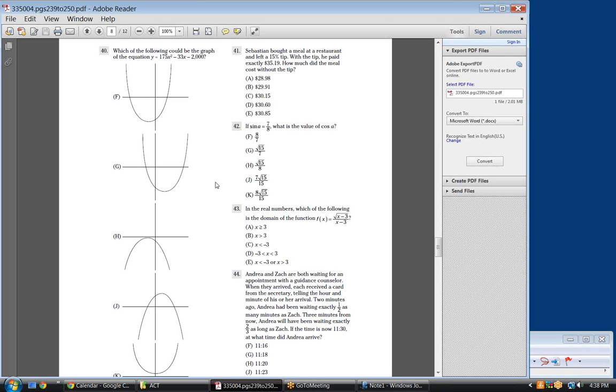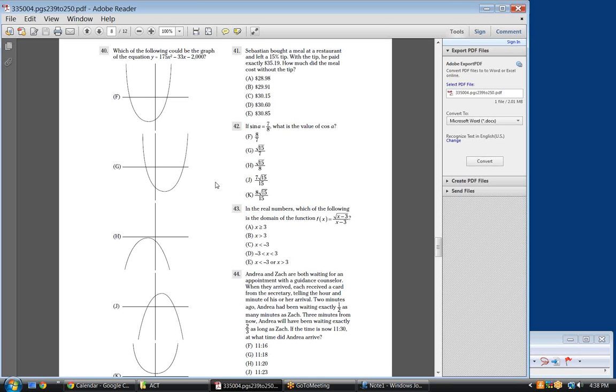Okay. So that makes it C. Because when you plug in 0 for x, it eliminates the first 2 terms of that quadratic. Okay. So minus 2,000 has to be the y-intercept. Well, that could be f or g, but it can't be k. K is above the x-axis. Yeah. So now we're down to f or g.